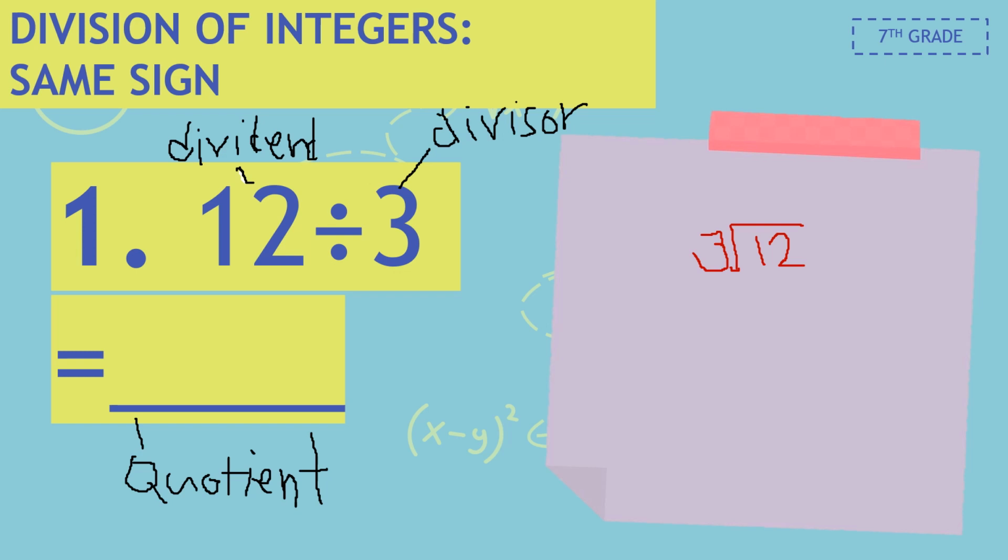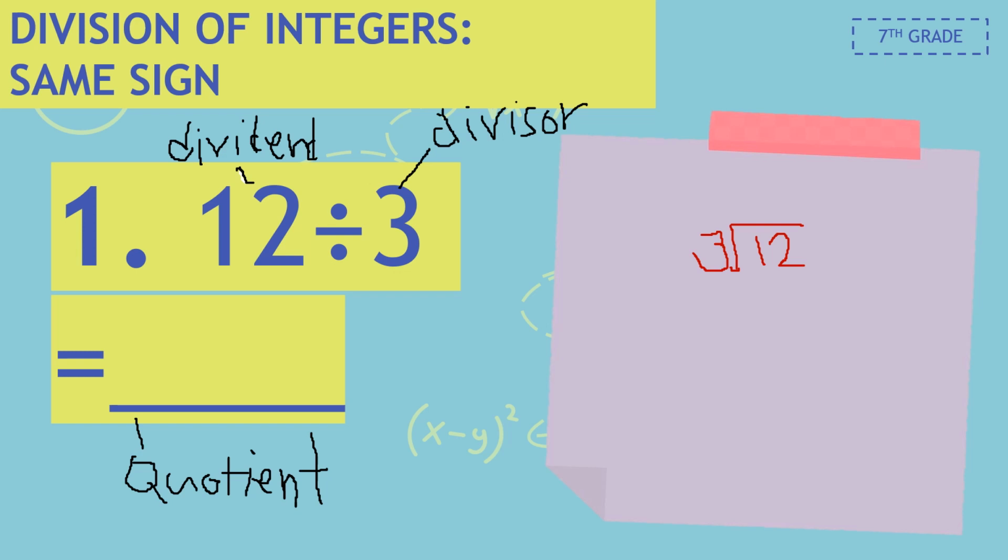If we're going to use the multiplication table, 3 times 4 is equals to 12. So, ibig sabihin, meron po tayong 4 na 3 para makabuo tayo ng 12.